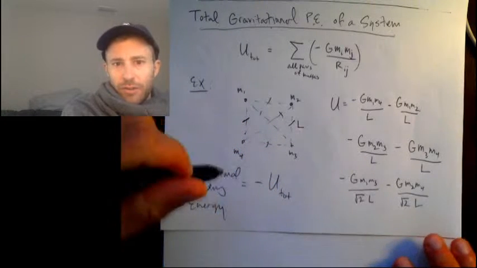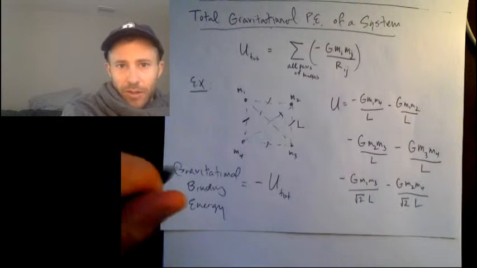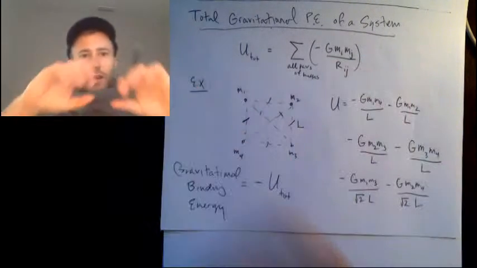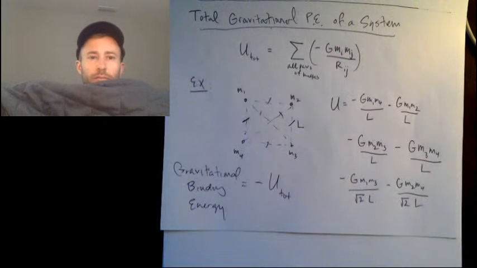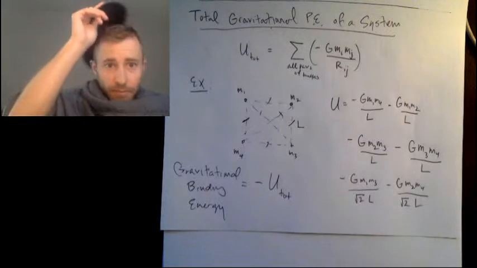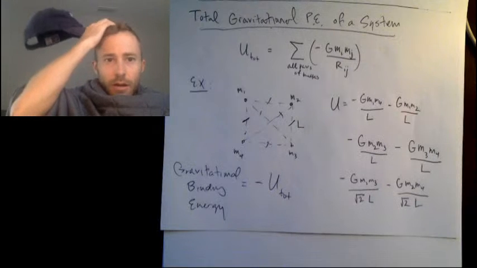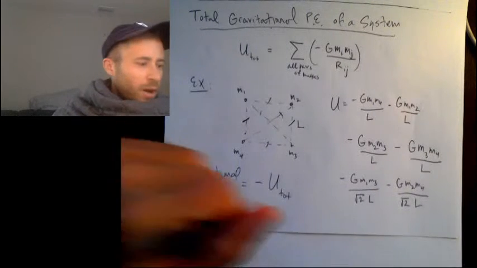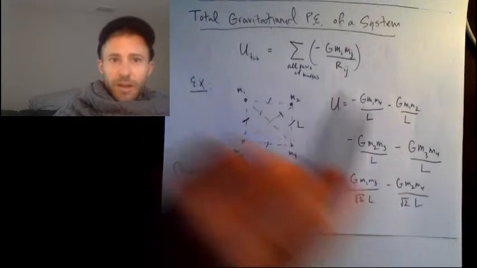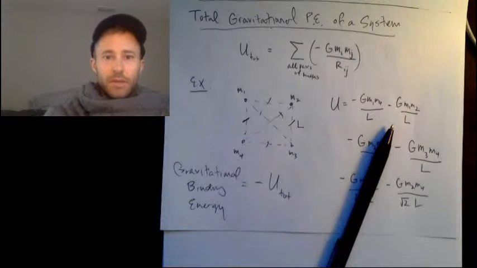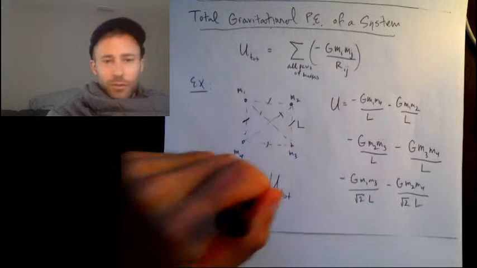It is basically equal to the amount of energy you would need to take these 4 masses and completely separate them apart, so far apart that they don't come back together again. If we applied this to the solar system, it would be the energy to completely separate the solar system. So that is a useful thing.